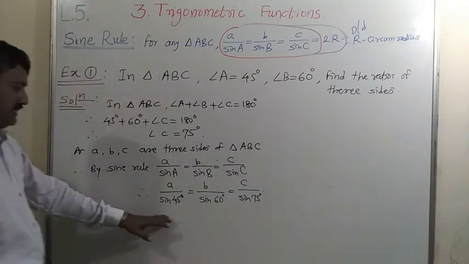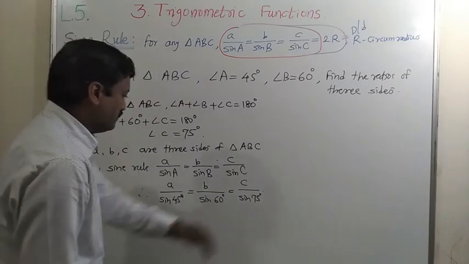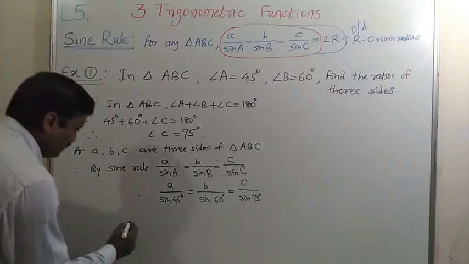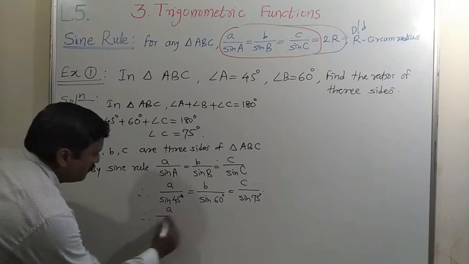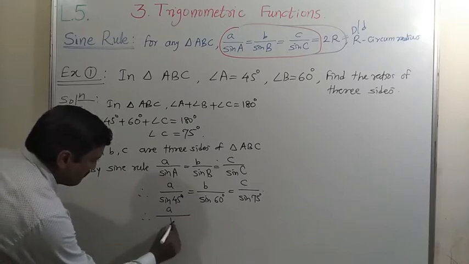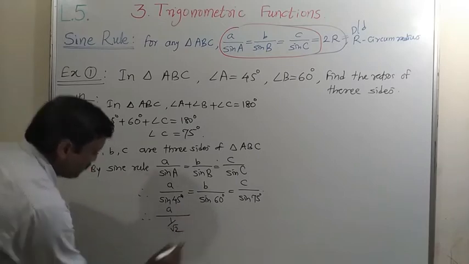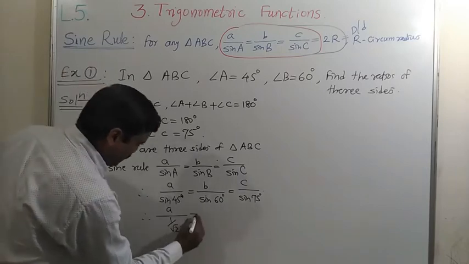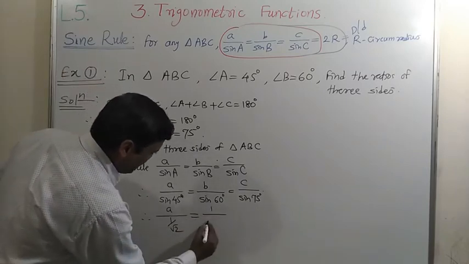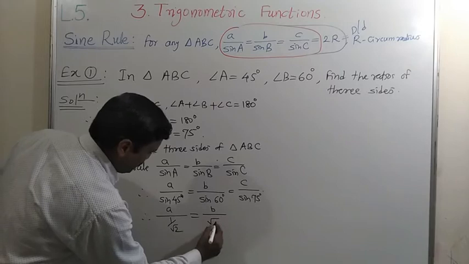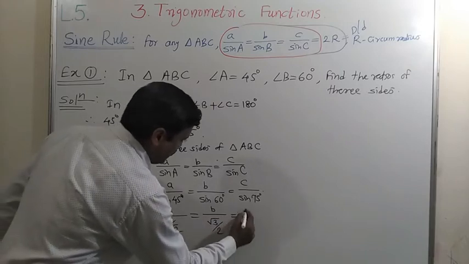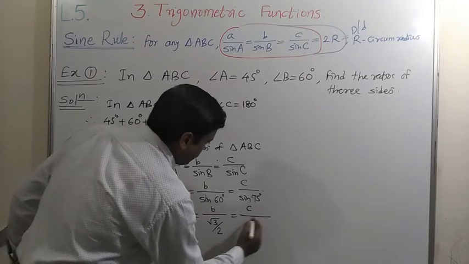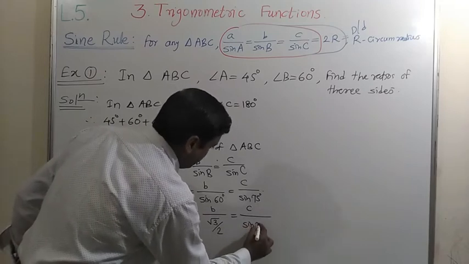We know sine 45 and sine 60, but we don't know sine 75. Therefore I will write here once again: a upon sine 45, which is 1 upon root 2, is equal to b upon sine 60, which is root 3 upon 2, and it is equal to c upon sine C, which we don't know.